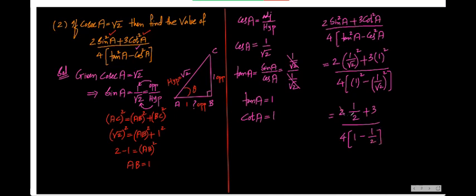This 2 and 2 cancel. 3 plus 1 is 4, divided by 4 into 1 minus 1 by 2. 1 minus half is half only. 4 and 4 cancel. 1 divided by 1 by 2. If you take the reverse, you will get 2 only. That's the answer. The value of this is 2.